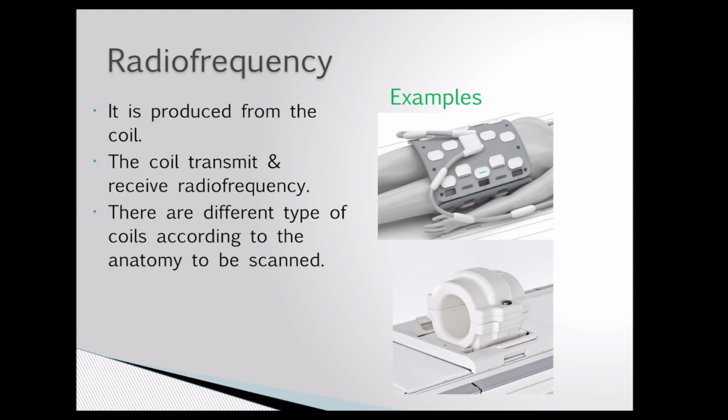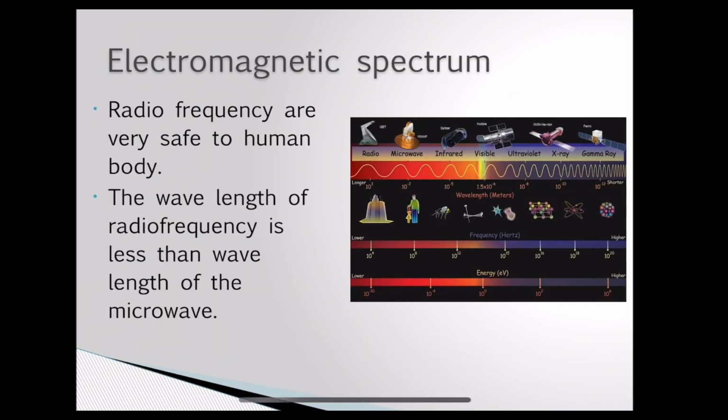The coil transmits and receives radio frequency. There are different types of coils according to the anatomy to be scanned. For example, here there is a body coil, then a knee coil. Radio frequency is very safe for the human body. The wavelength of radio frequency is longer than the wavelength of the microwave.